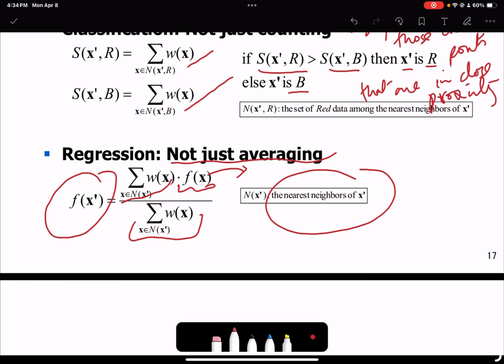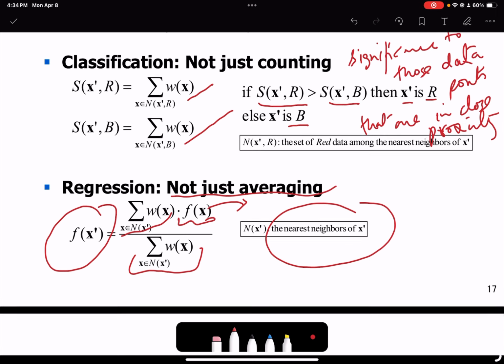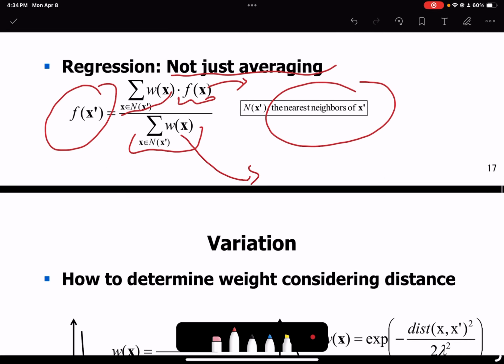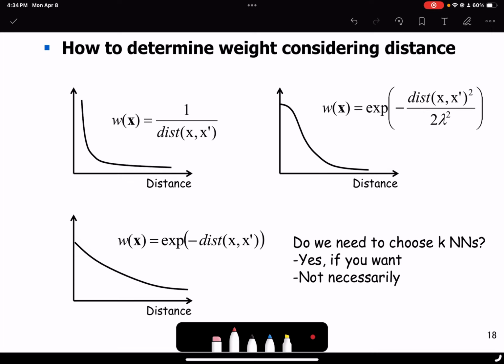So what are the distance measures that we can choose? For this w of x, we have to assign more weights to the points closer in proximity to the point under consideration. So there are different considerations.